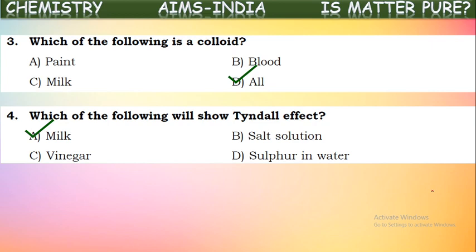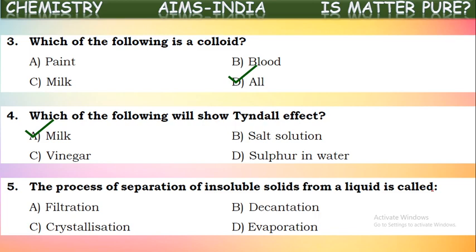Okay, next one. The process of separation of insoluble solids from a liquid is called. Yes, separation of insoluble solid from a liquid. How can we separate a solid from liquid? Generally, different techniques can be used. One of them is filtration.